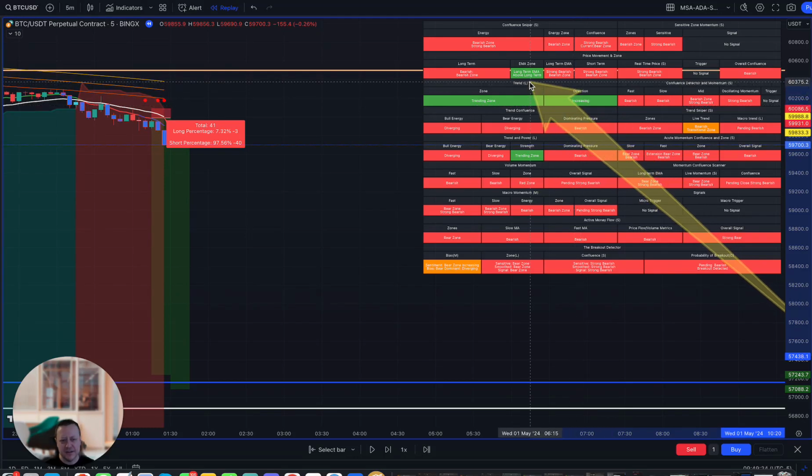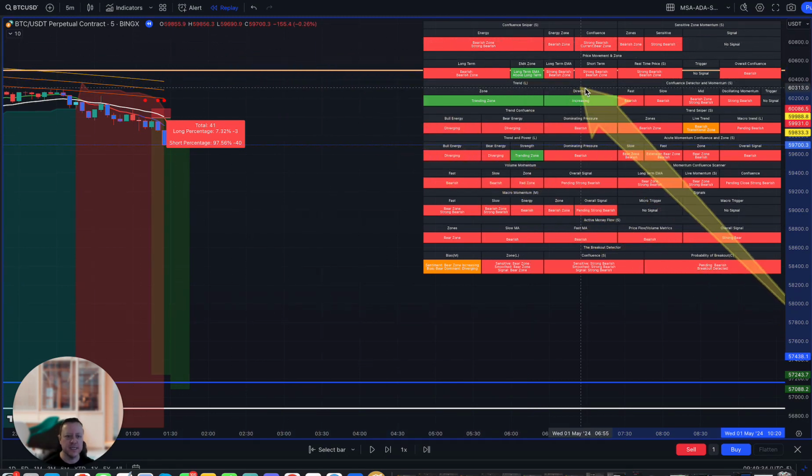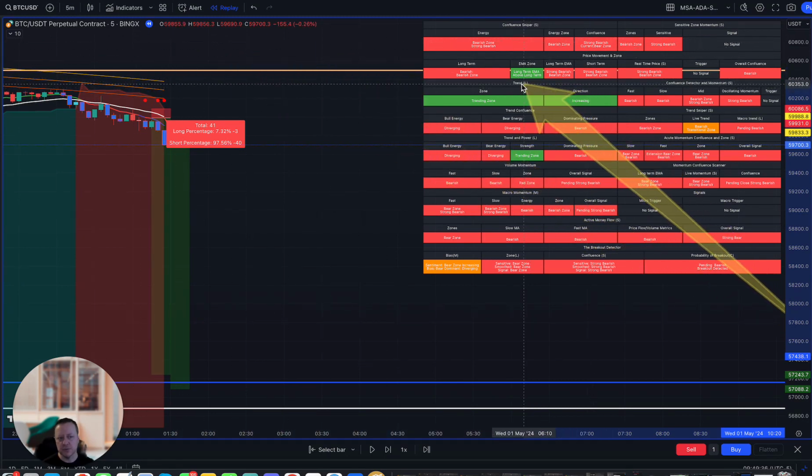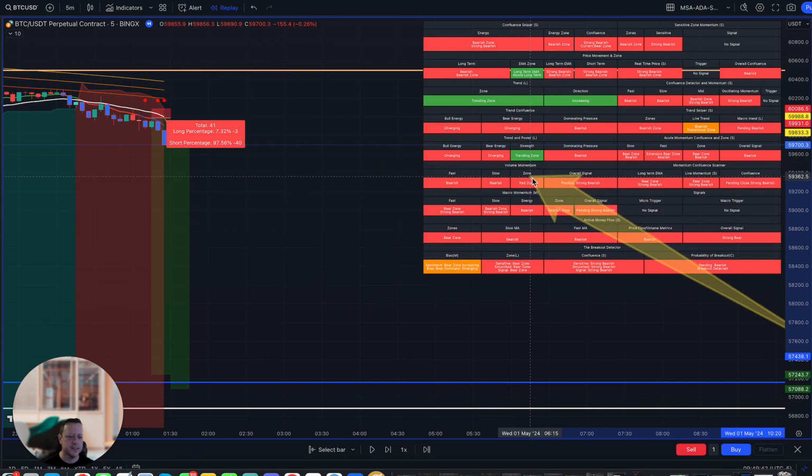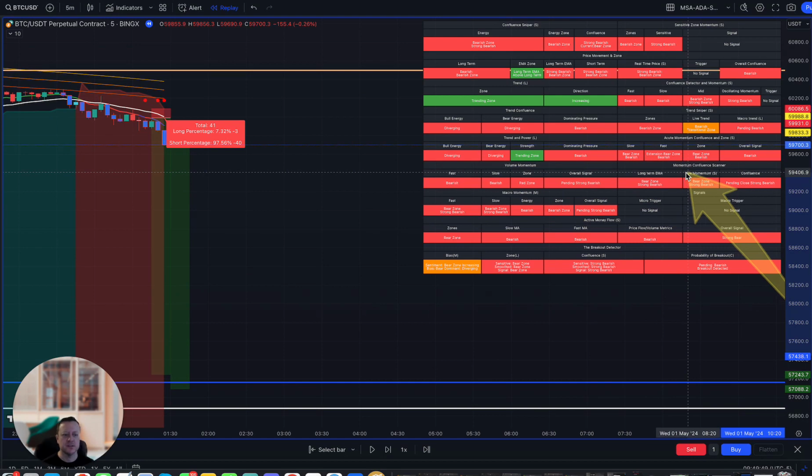And then we do have very, very long term data that just lets us know that we're technically above one of the very, very long term EMAs for the 5-minute, which we probably would not want to use for a short term move that we're working with, right? And again, it talks us through volume momentum, the momentum confluence scanner, acute momentum.